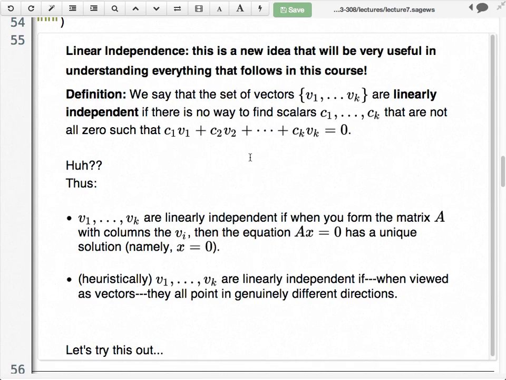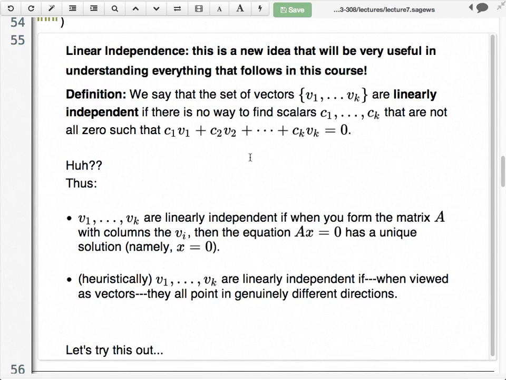And here's why. First, I'll just formally use the definition. Linearly independent says that if there's any way to write c1 v1 plus dot dot dot plus ck vk equal to 0, then the numbers that you used had to be 0. But I'll give you a way of writing those two vectors, something times one plus something times the other equal to 0, and the coefficients won't be 0. Watch this.